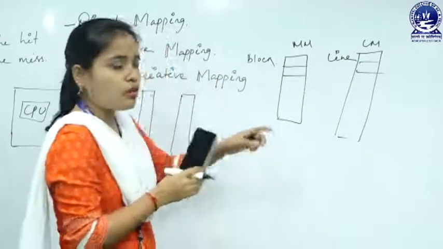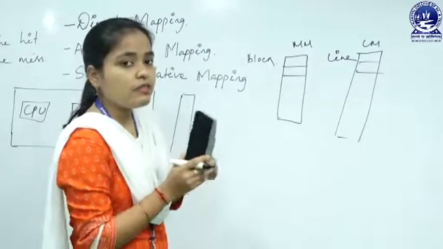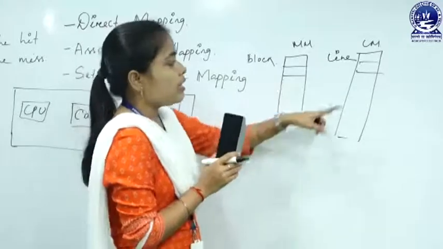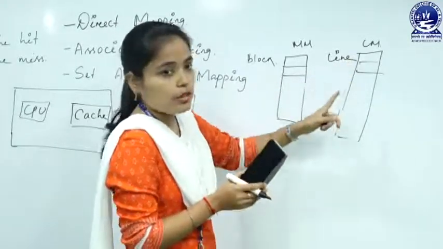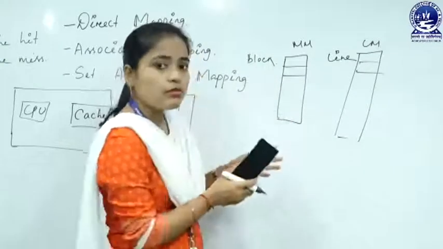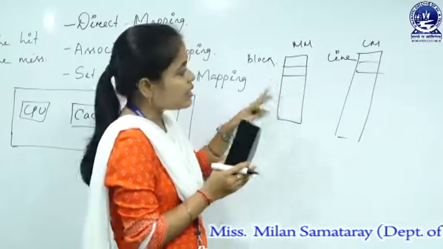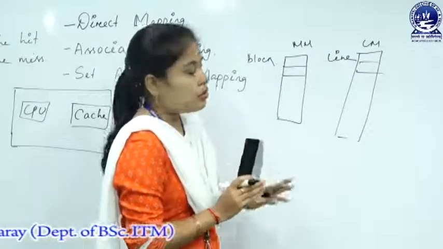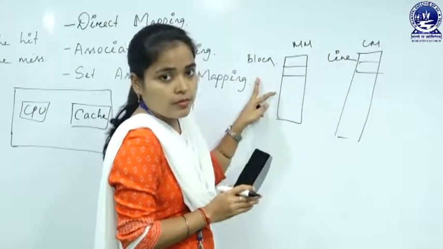In the cache memory you can also call it a block, but in many competitive exams, when you face problems regarding this mapping concept, you will get the word line with the cache memory and the block with the main memory. So we will go with line and block. You can say cache memory block, but you cannot say main memory lines. So this is called a cache line and here are the memory blocks.